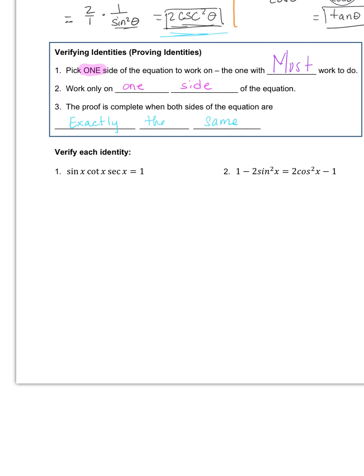So the first thing we're going to do with this one is change anything that is not a sine or cosine. Cotangent becomes cosine x over sine x. And then secant x is 1 over cosine x.